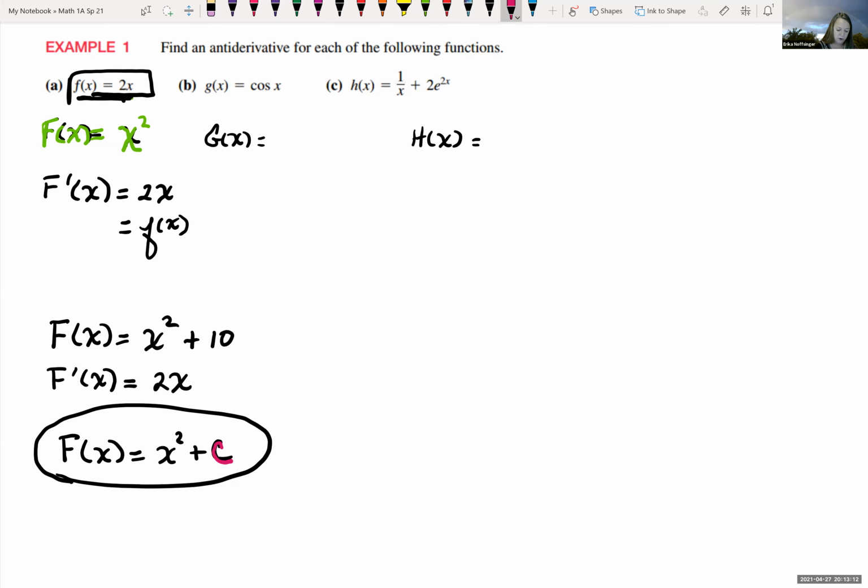And so we can say the antiderivative of g of x, which is cosine of x, is sine x. Again, if we take the derivative of that, and we can add a constant c here. So if we took the derivative of sine of x, again it is cosine of x, and the derivative of a constant is 0.